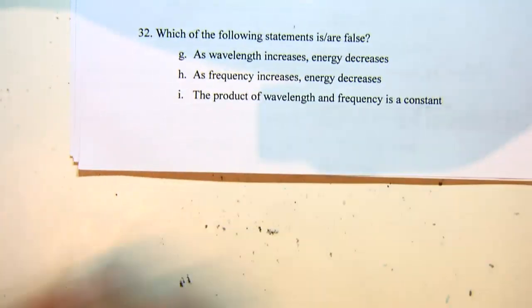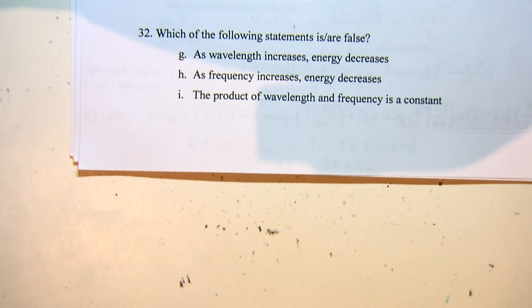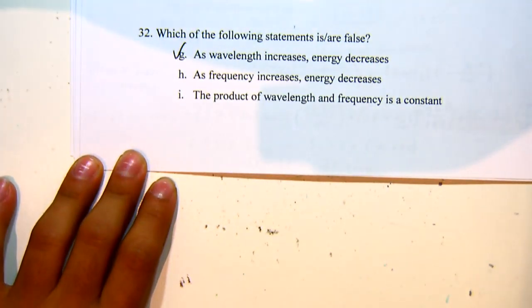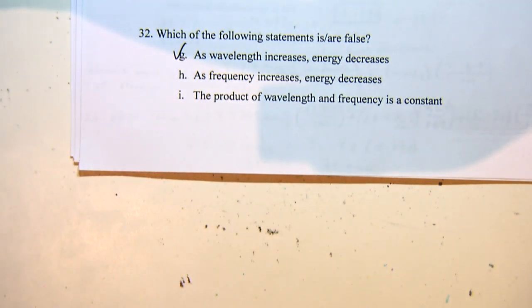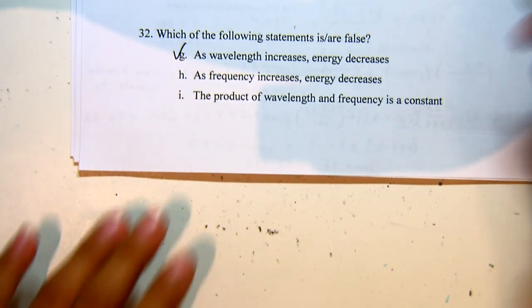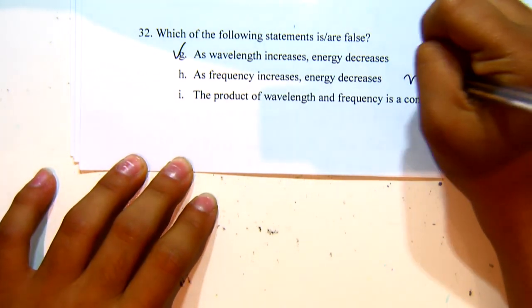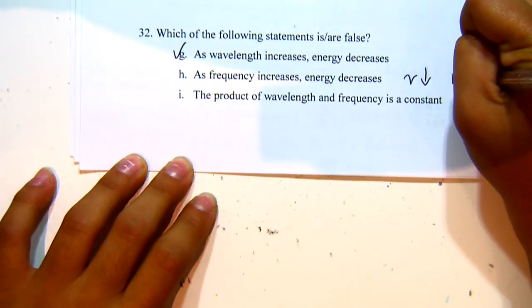Now next, this is going through which of the following statements are true and false. As wavelength increases, energy decreases. That sure is true. As frequency increases, energy decreases. That's wrong. Frequency and energy have a direct relationship, so when frequency goes down, energy goes down.